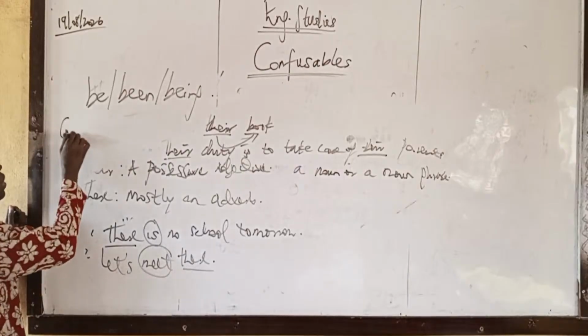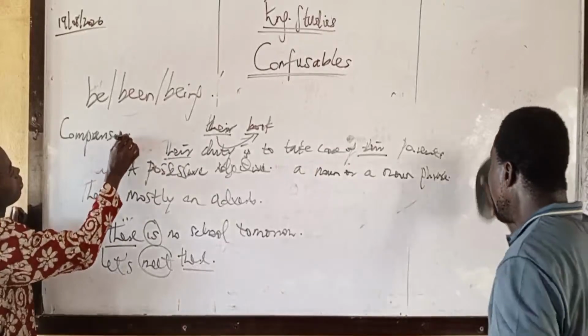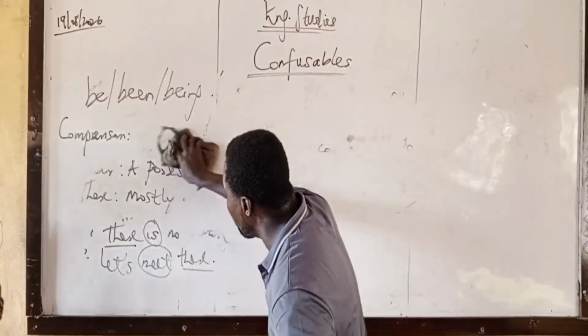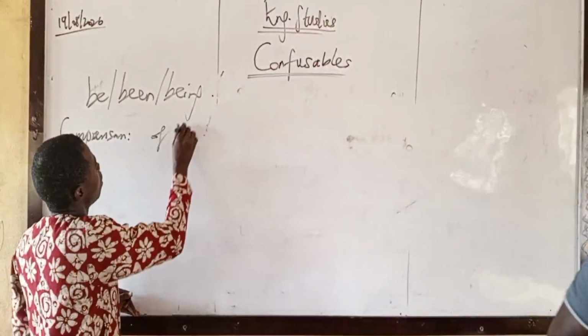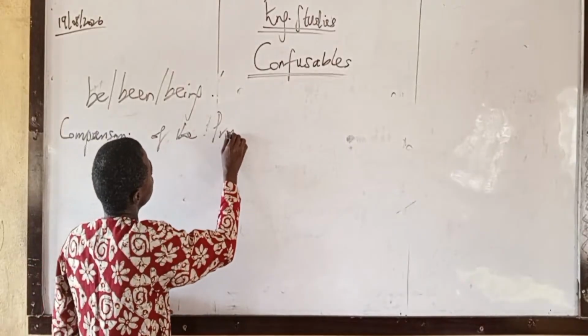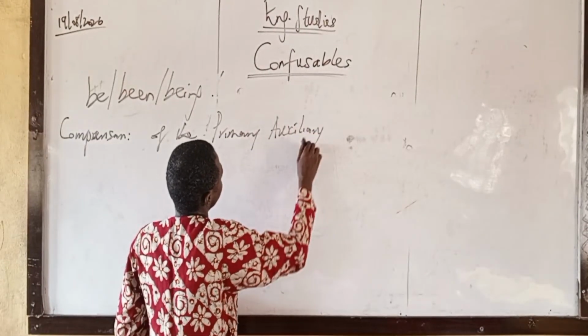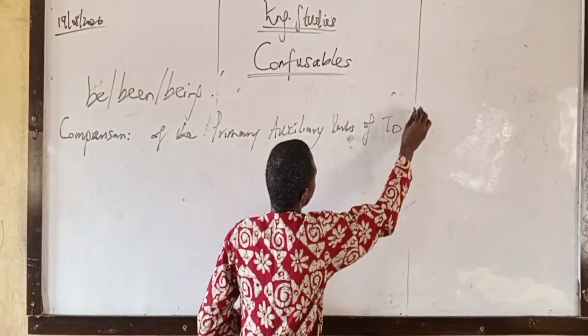Let's compare them. Comparison. Are you ready? Comparison. They are examples of the primary auxiliary verbs of to be.